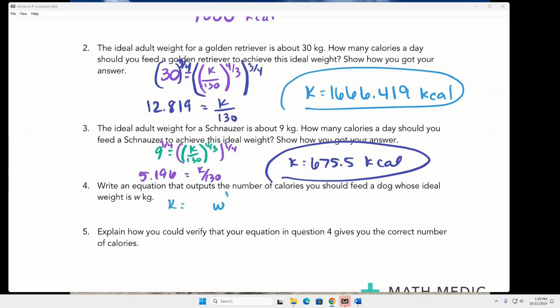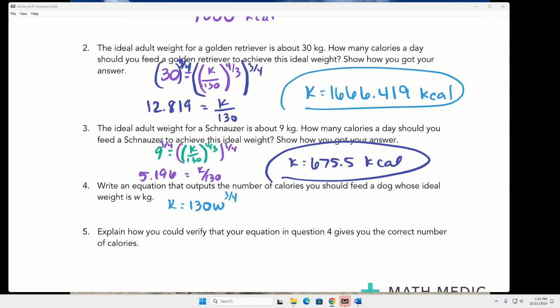We raised it to the 3/4. So that's the same thing you would do to the W. What was the second thing we did to solve it? Multiplied it by 130. So that is the formula, which I think is probably a more useful formula, that if you know how much you want your dog to weigh as a full-grown dog, that's how much you would feed it. Not the other way.